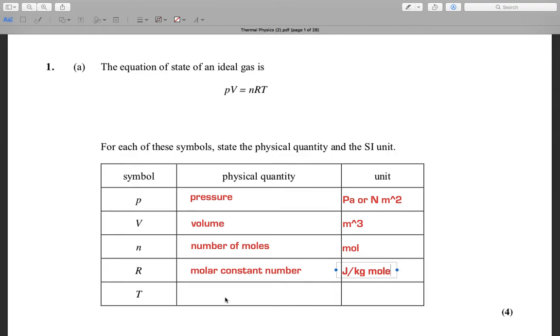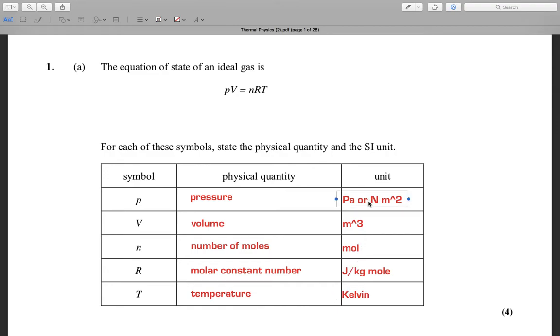And what about T? T is temperature. Temperature is in Kelvin.